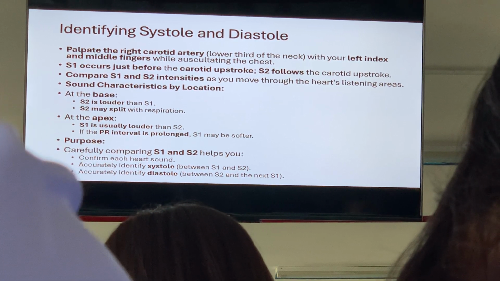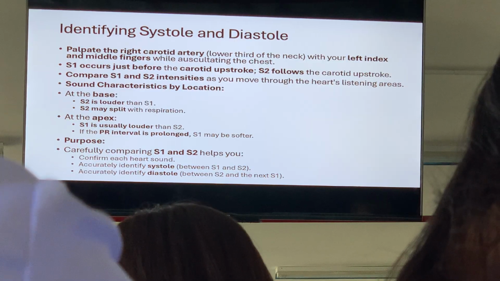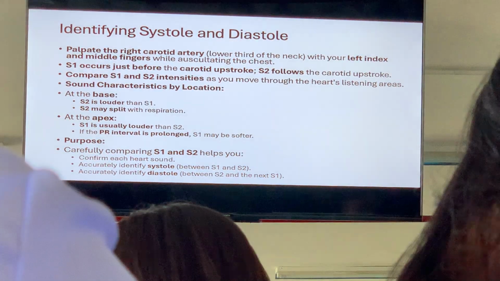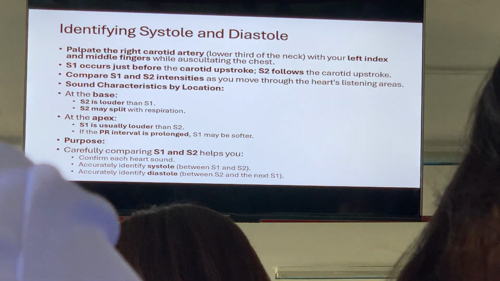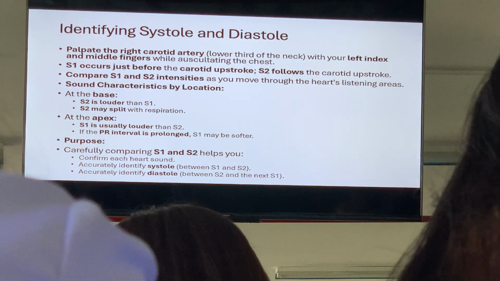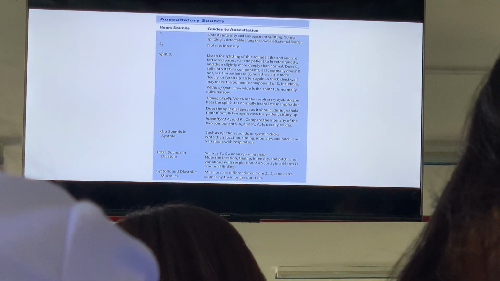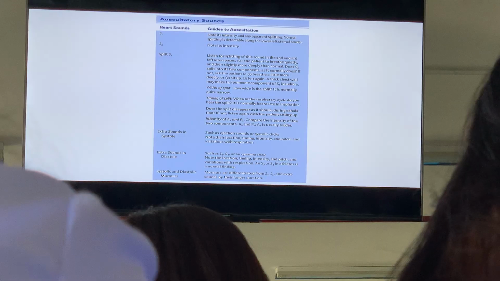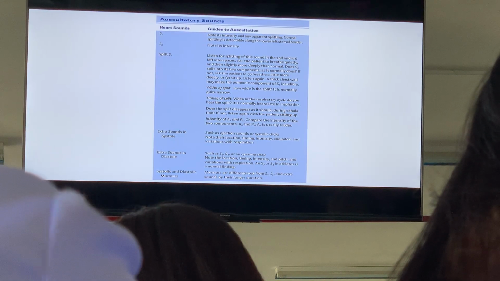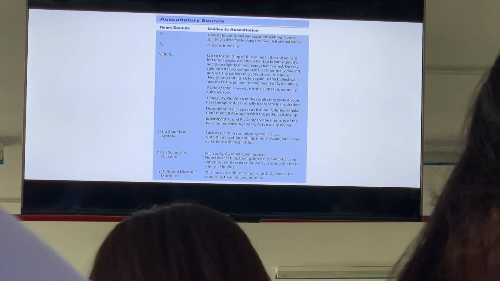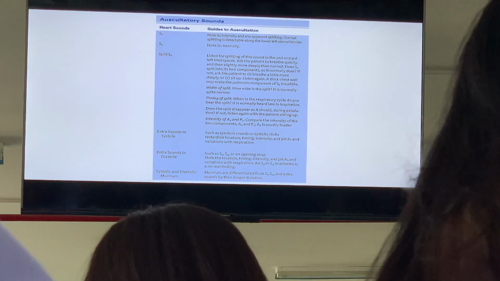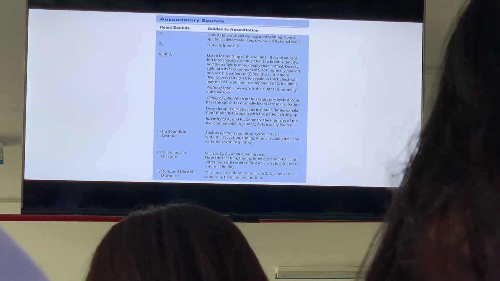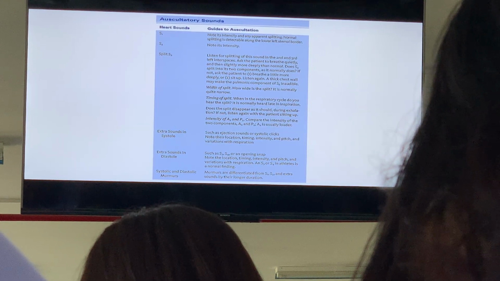So carefully compare S1 and S2. Confirm each heart sound. Identify if it's systole or diastole. I want you to read this carefully, okay? Because it's so hard to teach you heart sounds if you haven't internalized the concepts yet.